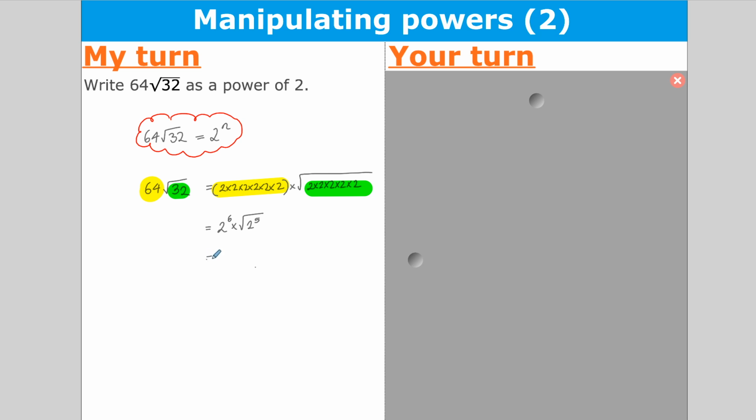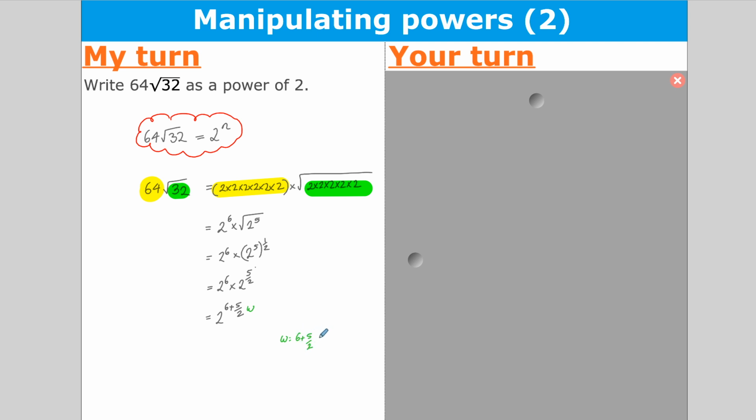And tidying this up, this is 2 to the power of 6 multiplied by 2 to the power of 5 to the half, because the square root is the same as to the power of a half. That's 2 to the power of 6 multiplied by 2 to the power of 5 over 2. Because the base is the same, that's 2 to the power of 6 plus 5 over 2. And then what we've got to do is work out 6 add 5 over 2 as a combined fraction.